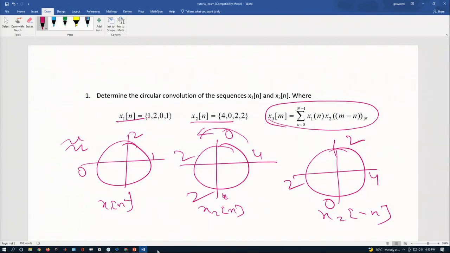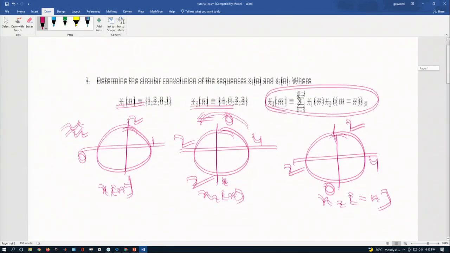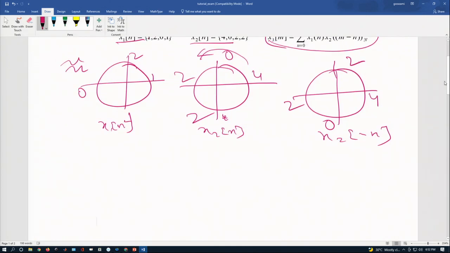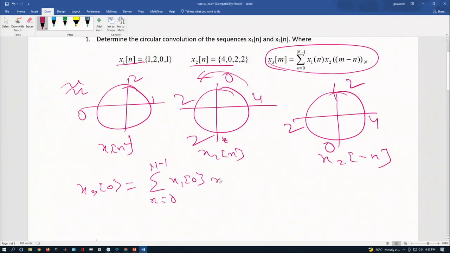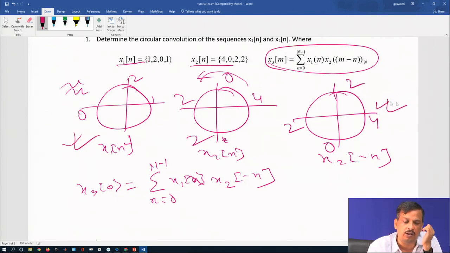Then, what is x3(m)? x3(0) is the sum for n equal to 0 to N minus 1 of x1(n) multiplied by x2(-n), for m equal to 0. So, this one is x1(n) and this one is x2(-n). I have to take the product and make the addition.